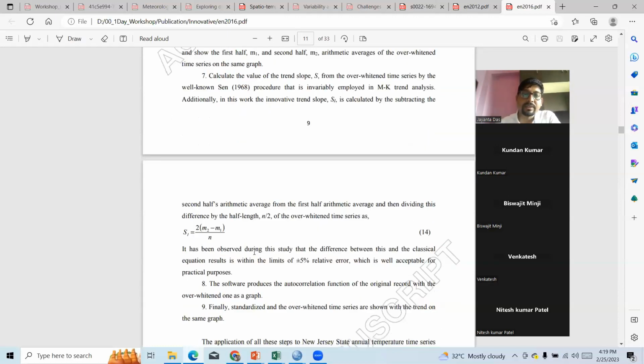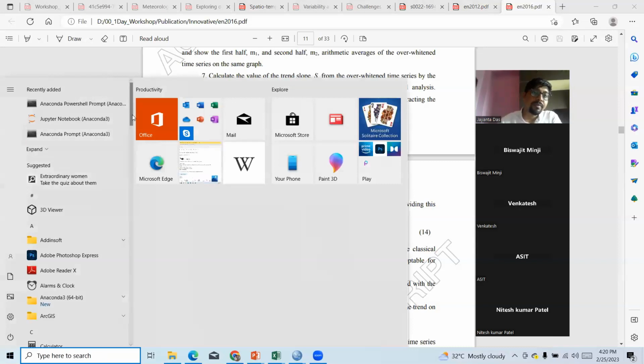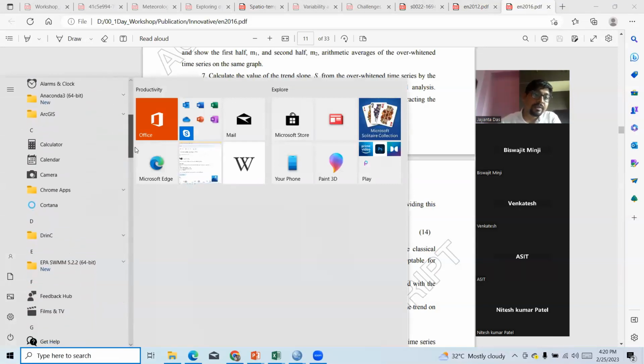M2 is the arithmetic average of the second half, and M1 is the arithmetic average of the first half, then dividing this difference by the half length, that means N by 2. So this is the formula. Okay. I'll use this. Repeat that one, magnitude of slope. Okay, just a minute.